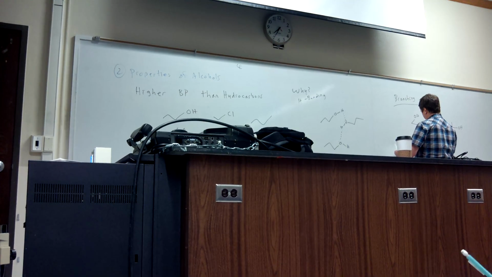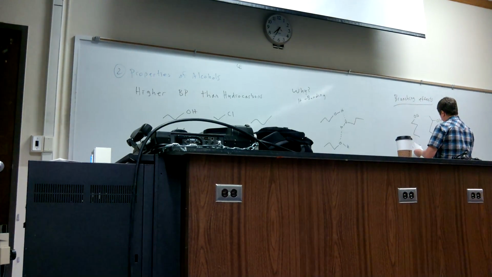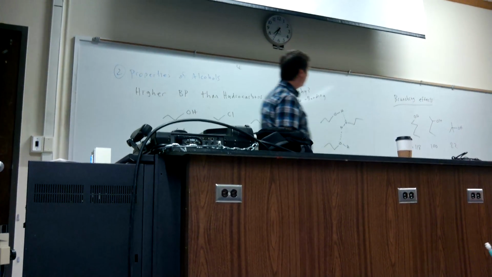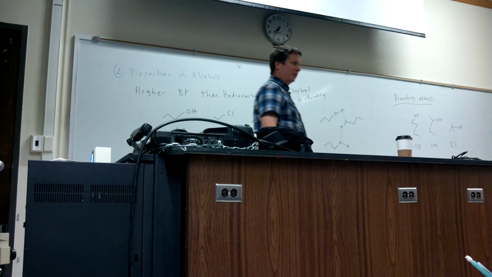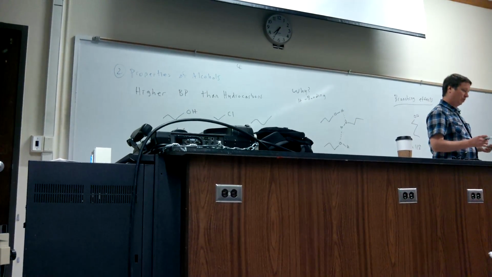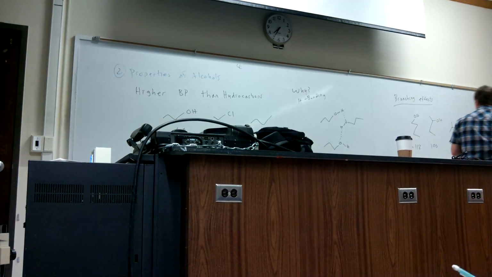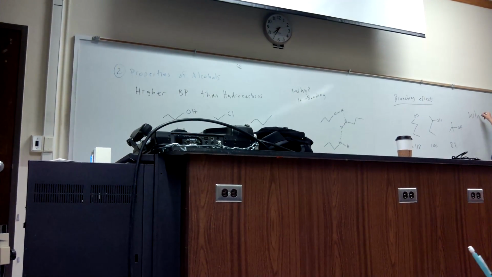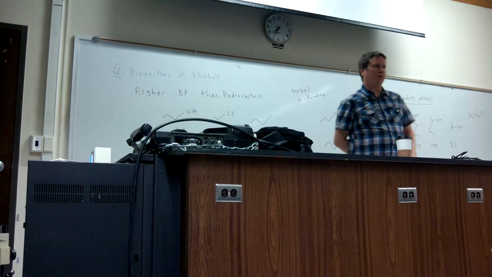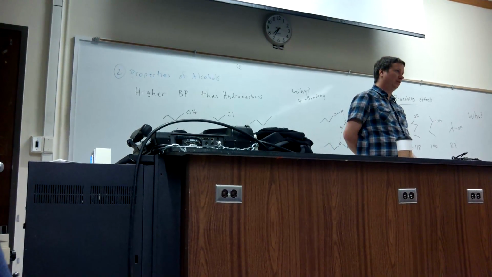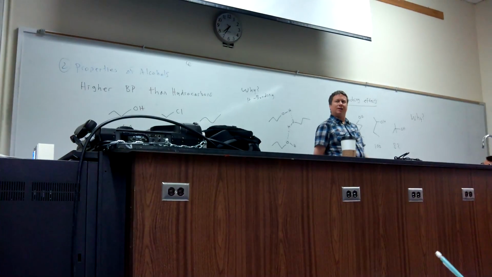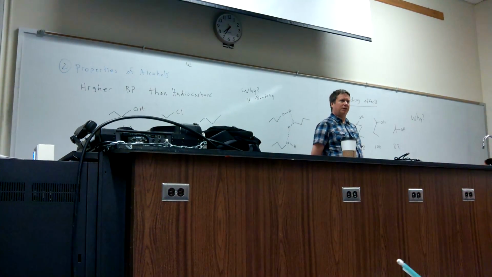Boiling point, 118, 182. So they're all isomers, they're all 4-carbon alcohols. N-butanol, sec-butanol, and tert-butanol. The easiest way to think about it initially is why n-butanol, the first one, has the highest boiling point. Not really geometry.